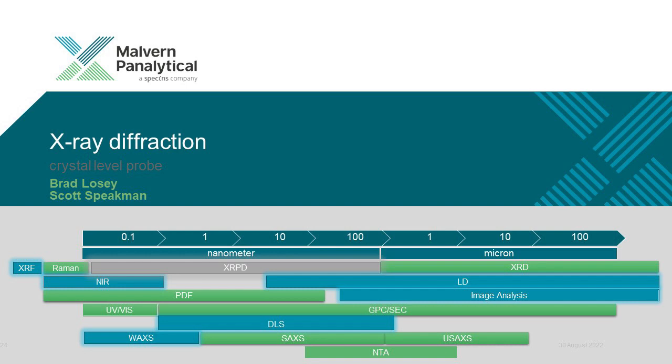So XRD can look into the crystal structure, but also into what kind of defects might be present in the crystal, because these defects also affect the performance of your battery. It can look into the crystal structure, the crystal defects, and how these defects change when you charge or discharge the battery.